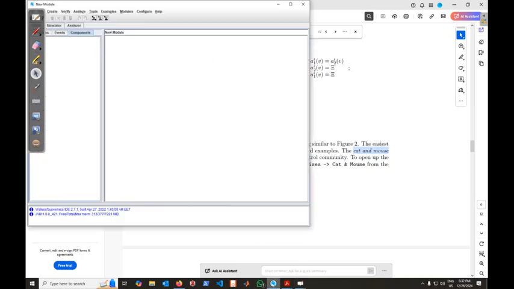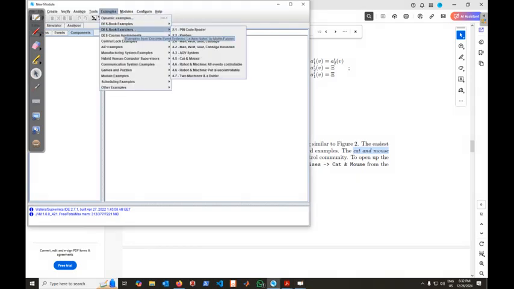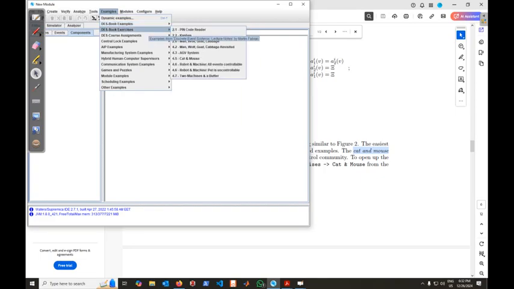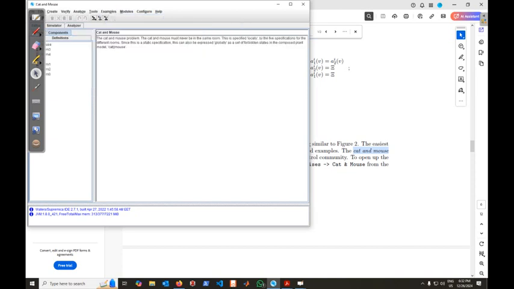So now I will click here on Examples, DAS book examples, and find the cat and mouse. So this is a brief description. It's about a cat and a mouse.